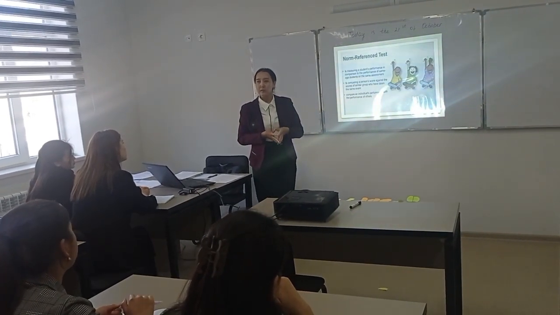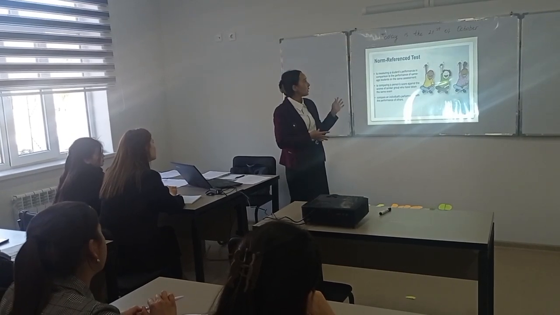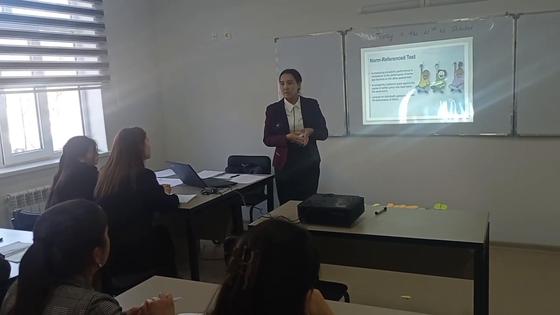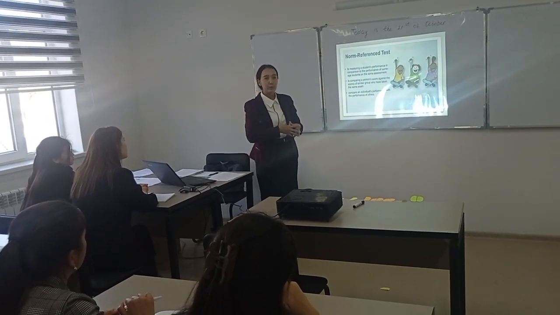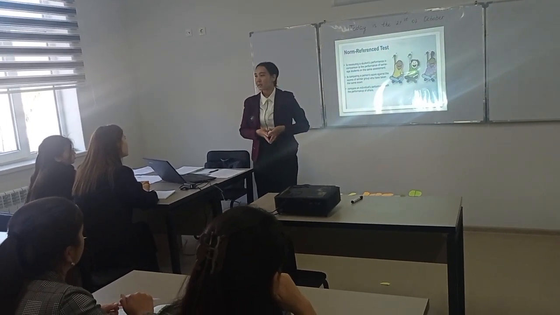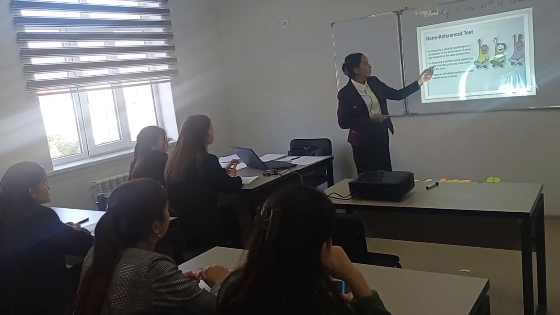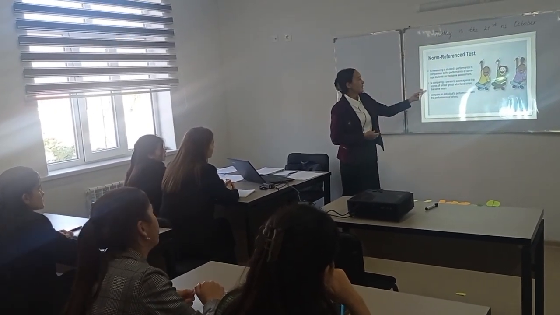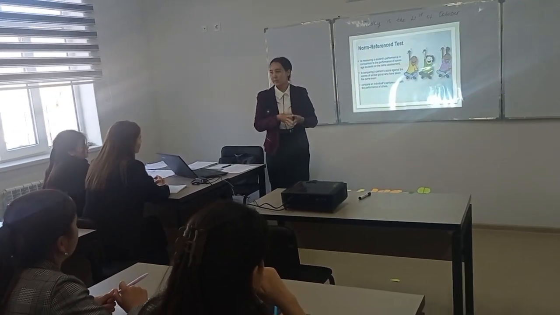We measure against the predetermined criteria. But norm reference assessment measures students' performance against other students' performances by comparing their results. Is it clear? It also compares a person's score against the scores of a similar group who have taken the same exam. For example, your group's result you may compare with another group's results.